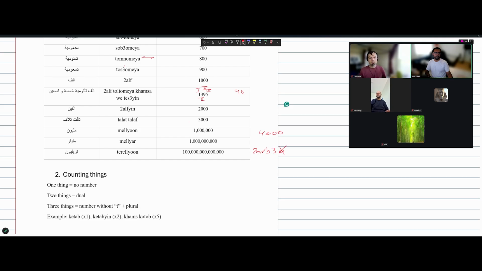We remove the feminine T, and then we add a T to the alf. So 1,000 has an A, we call it stop, we remove it, add a T. So we move basically the T from the number to the word 1,000, and that's how you get 4,000. 5, 1,000, 5,000, and so on.